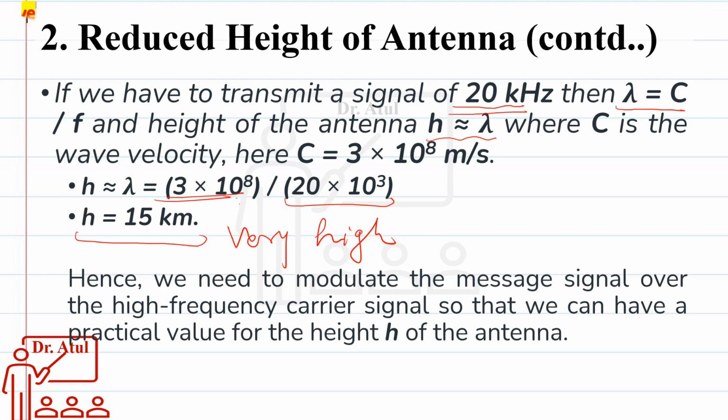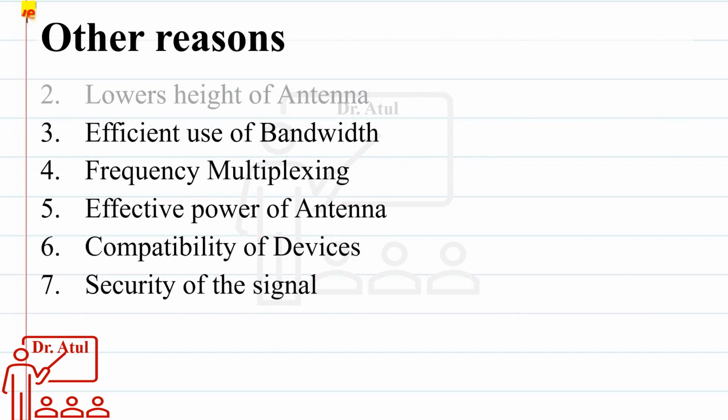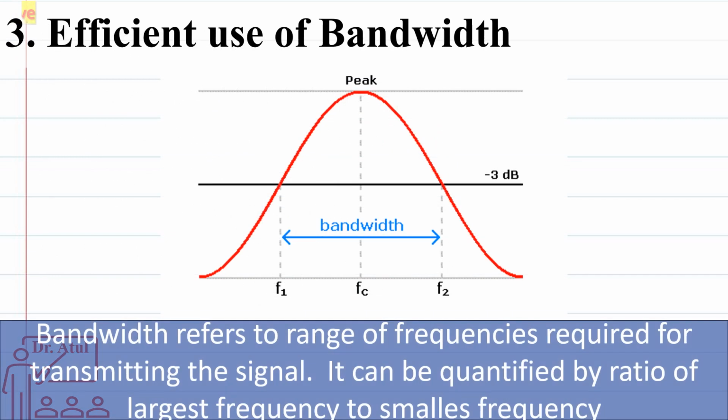Now, let us go for the other reasons. Modulation allows efficient use of bandwidth. Let us see how that is. What is bandwidth? Bandwidth means the range of frequencies of a signal. For example, our audio hearing capacity is 20 Hz to 20 kilohertz.